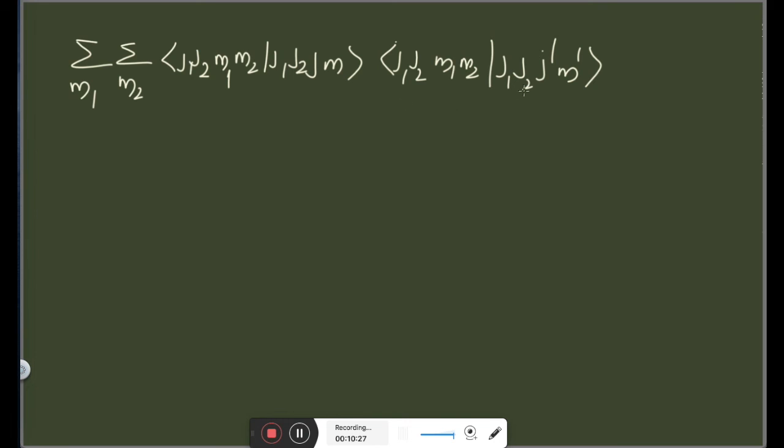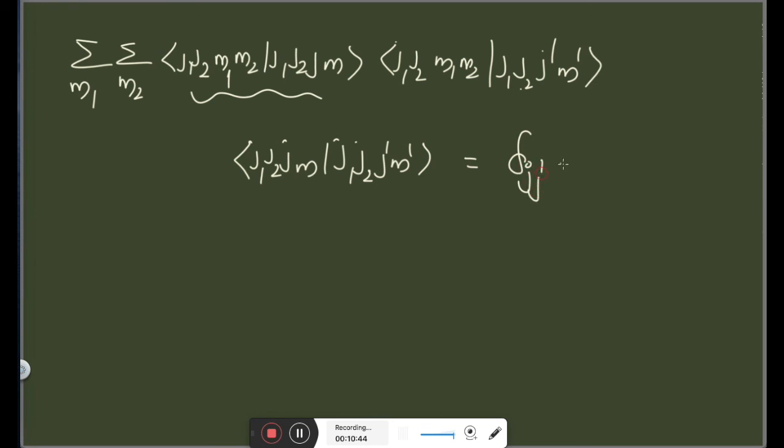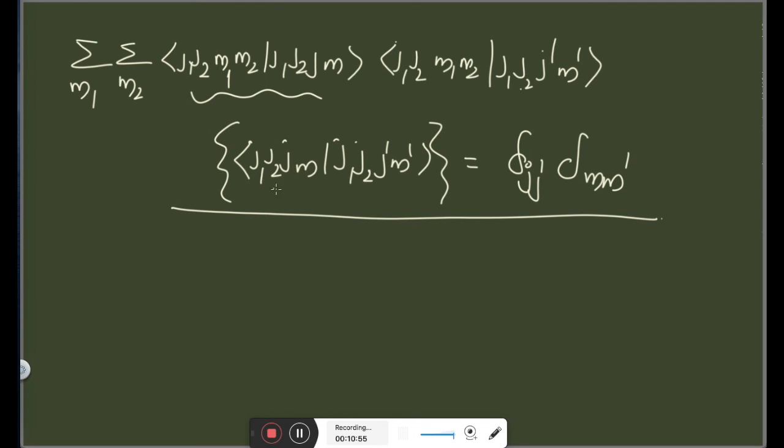What you will get is ⟨j1, j2, j, m | j1, j2, j dash, m dash⟩, and this is equal to del j, j dash del m, m dash. So this is what you get from the orthogonality, or you can say that this is a normalization condition for our ket jm.